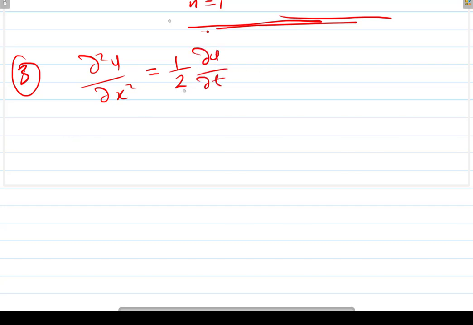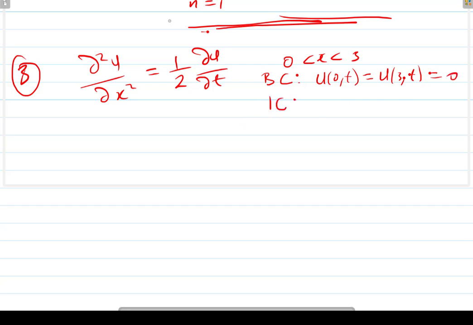Now we are given conditions. The length should be between 0 and 3, and the boundary conditions are that u at x equals 0 is exactly the same as u at x equals 3, and this is 0.